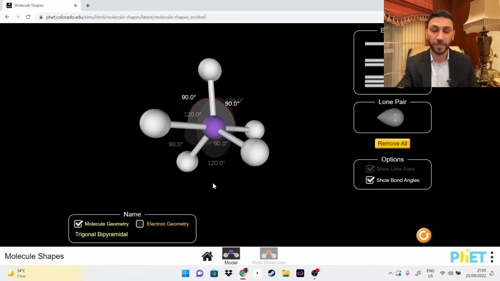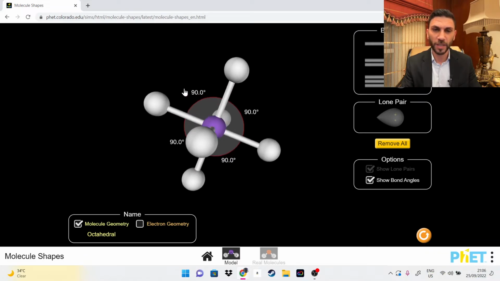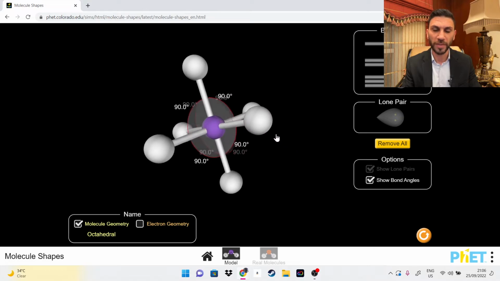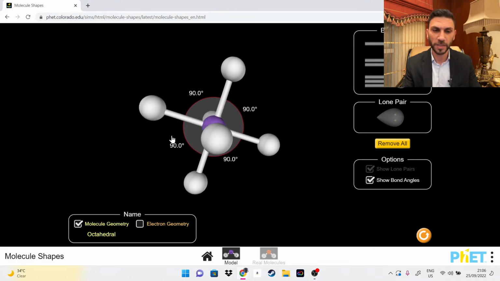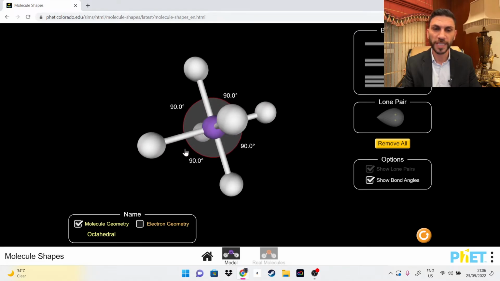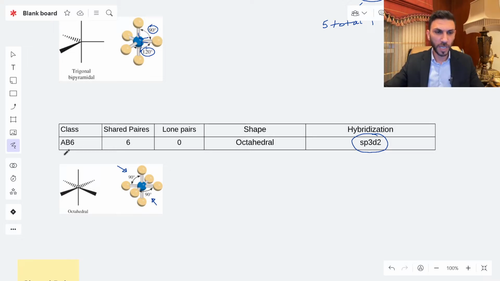This one is AB5, and the shape is trigonal bipyramidal. Last one, AB6, all the angles between the shared pairs are 90, and the molecular geometry is called octahedral. So AB6, octahedral, hybridization is sp3d2.